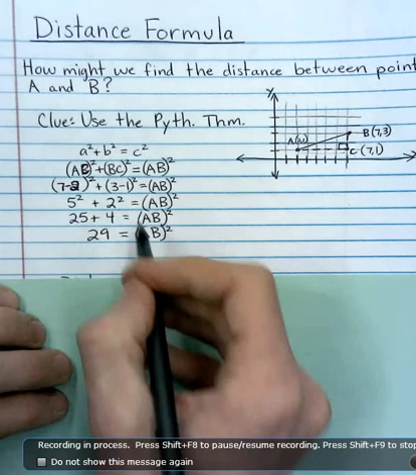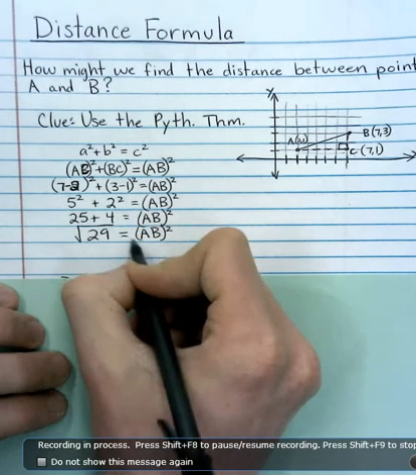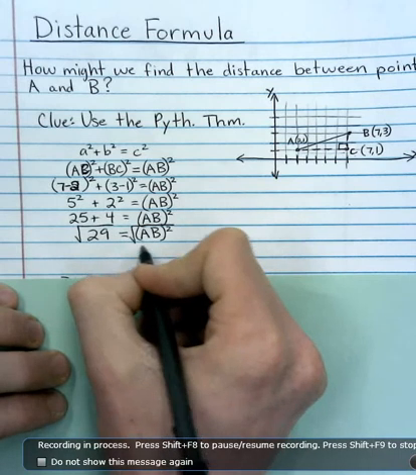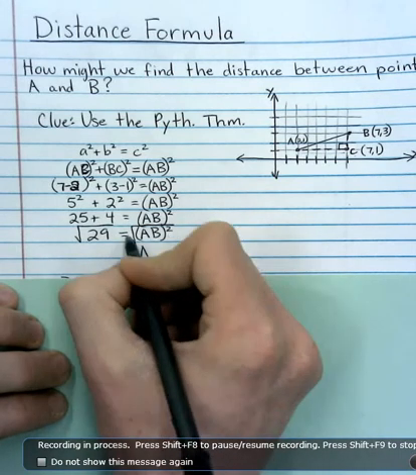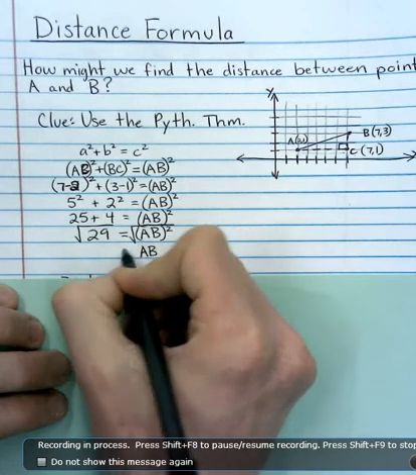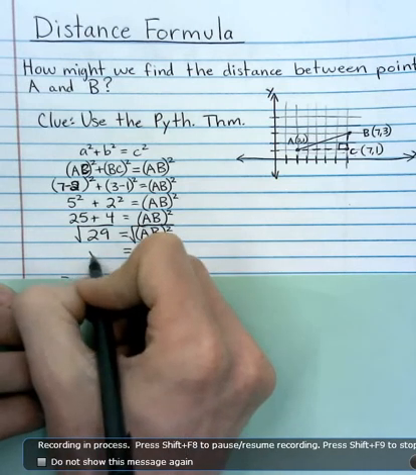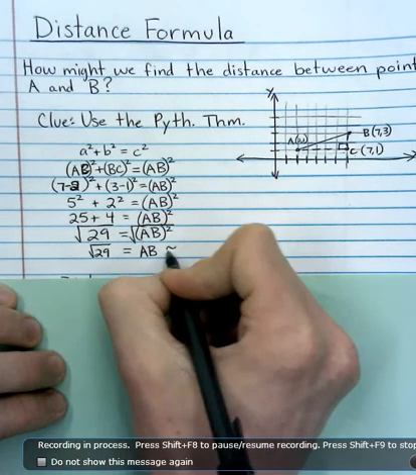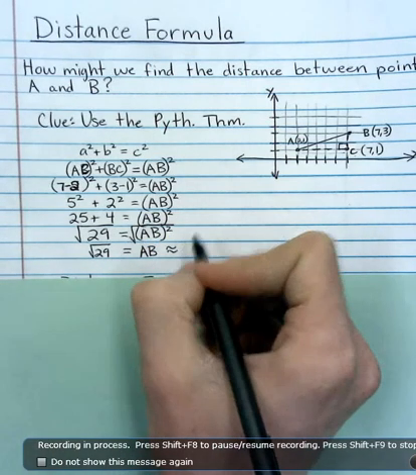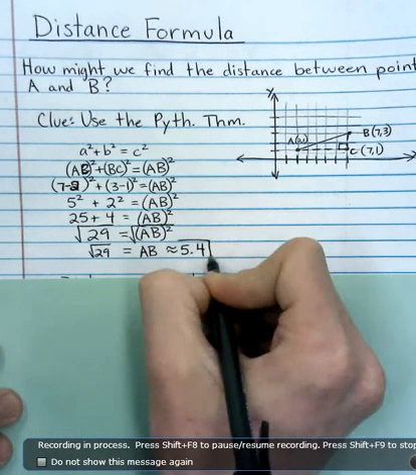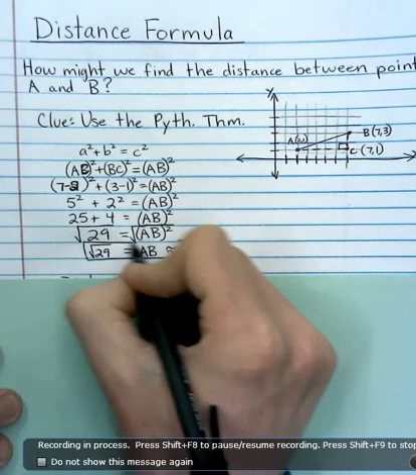You've got to take the square root of both sides, because when you do that, our square and our square root symbol cancel each other out, and you're just left with the side length AB is equal to the square root of 29. Or if you'd rather, it's approximately 5.4. Either one of those answers would be perfectly acceptable.